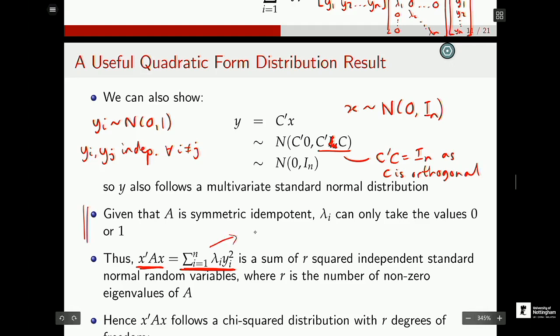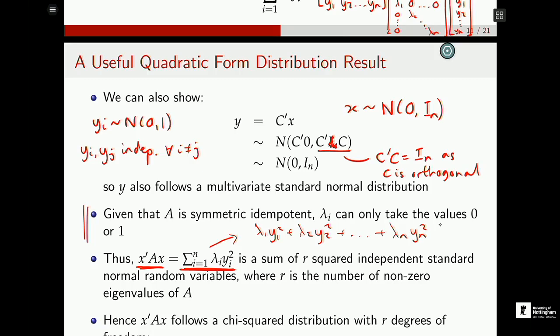So this thing is, well, in full it'd be lambda 1 y1 squared plus lambda 2 y2 squared, all the way up to n. But these lambda coefficients in this weighted sum are only either 0 or 1. So if they're 0, say lambda 2 was 0, that's going to wipe that term out. It won't appear in the sum. If it's 1, then you just get the square of y.